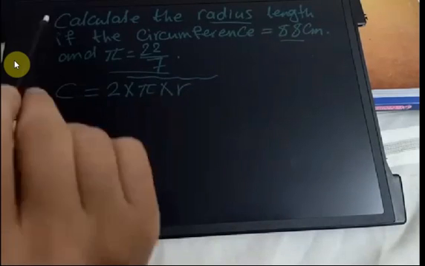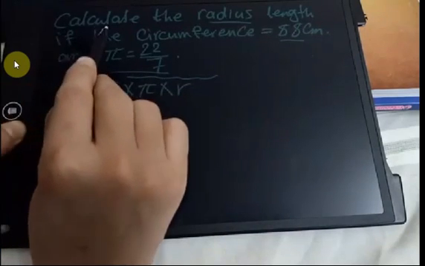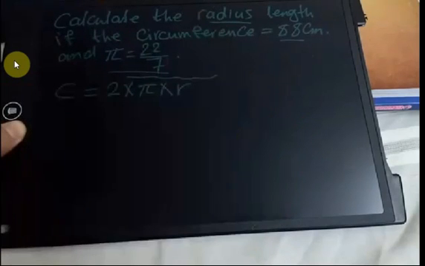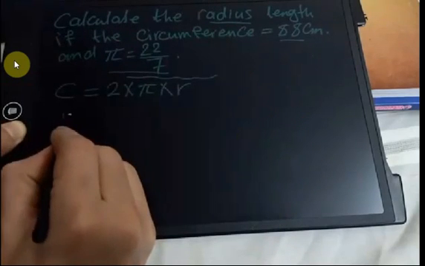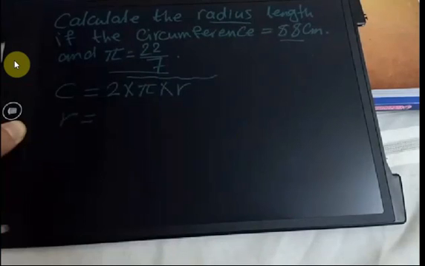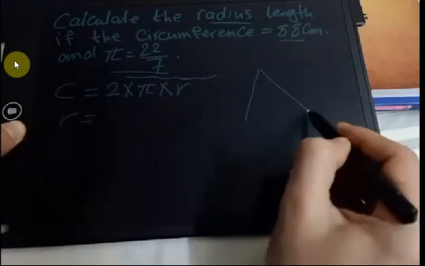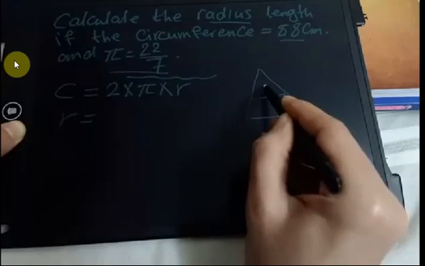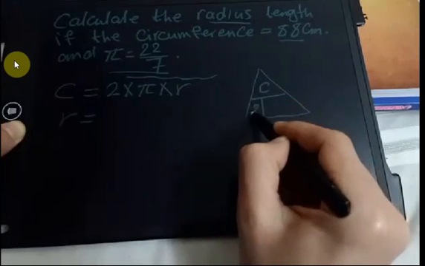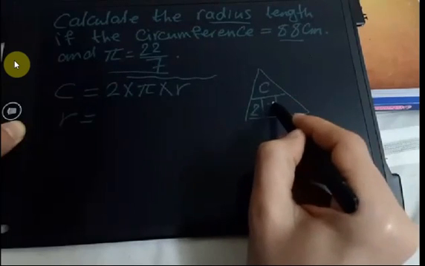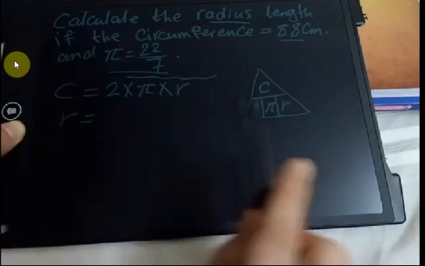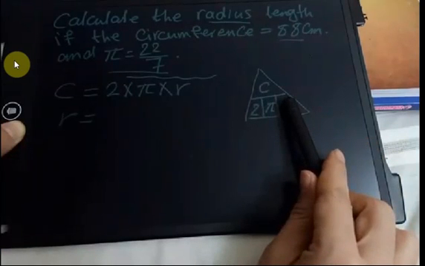If you read the question you will find that it says calculate the radius, so I need the radius, so the radius has to be alone. We put it at the beginning in the triangle like this. Circumference equals 2 times pi times r. I need the r, so r equals what? Yes, Ahmed?